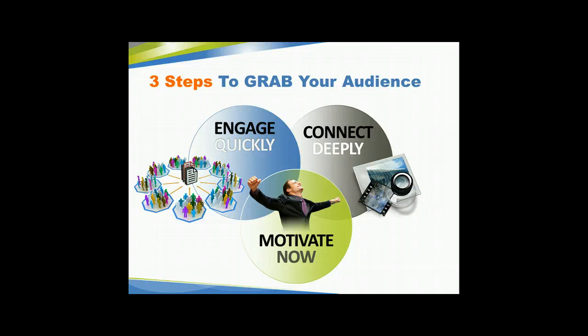How do you motivate people? How do you get them to buy your product, adopt your ideas, change their behavior based on your suggestions? So that's our 3-step formula, and it's a pretty surefire guarantee that if you follow this formula, your message is going to be delivered a lot more clearly, cleanly, and with better results.